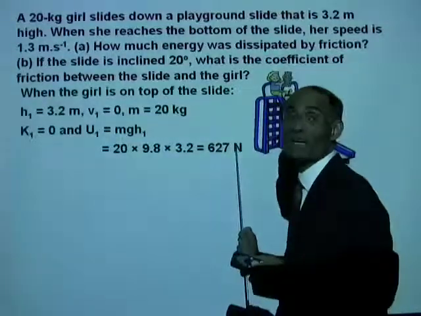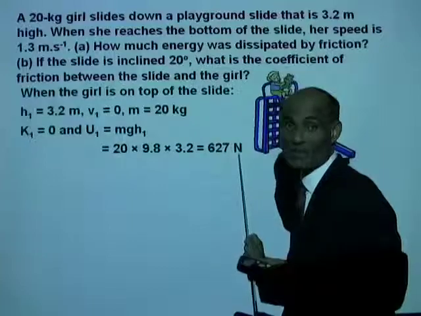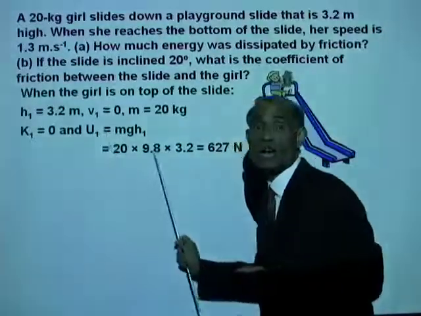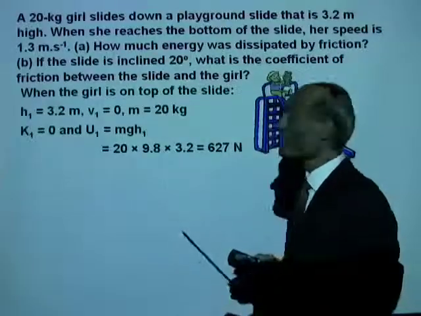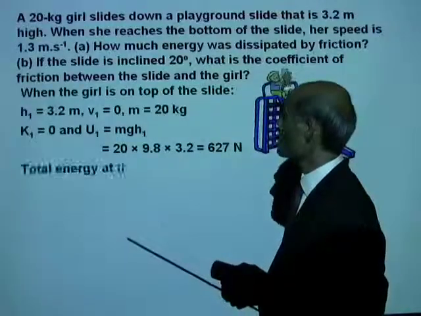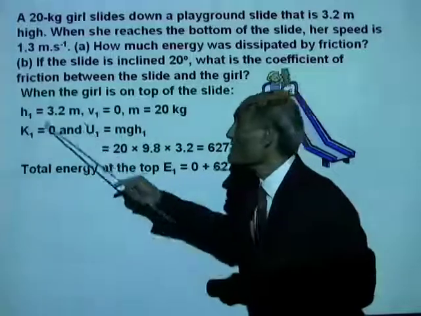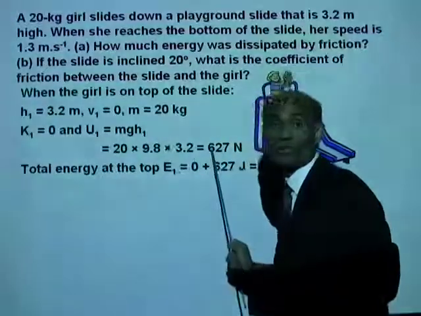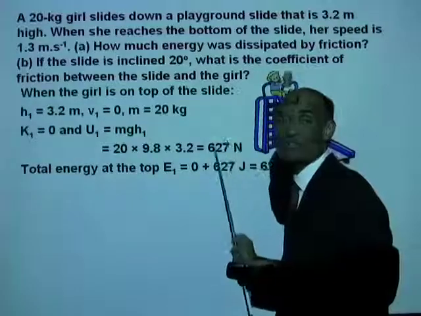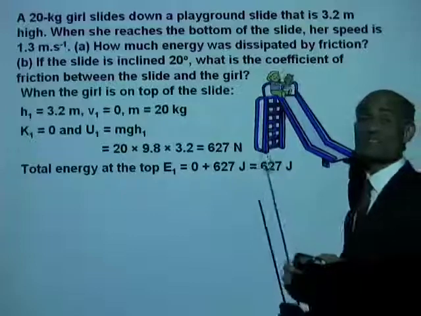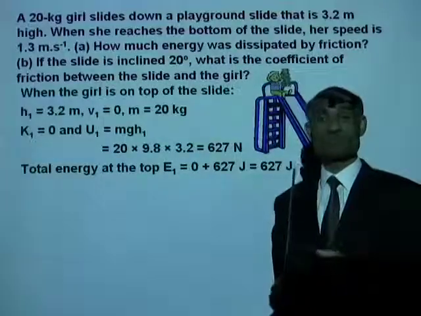It's not Newton, it must be joules. So correct that Newton to joules. Her potential energy at that height is 627 joules. What is the total energy at the top? The kinetic energy is 0, the potential energy is 627 joules, therefore the total energy is 627 joules.